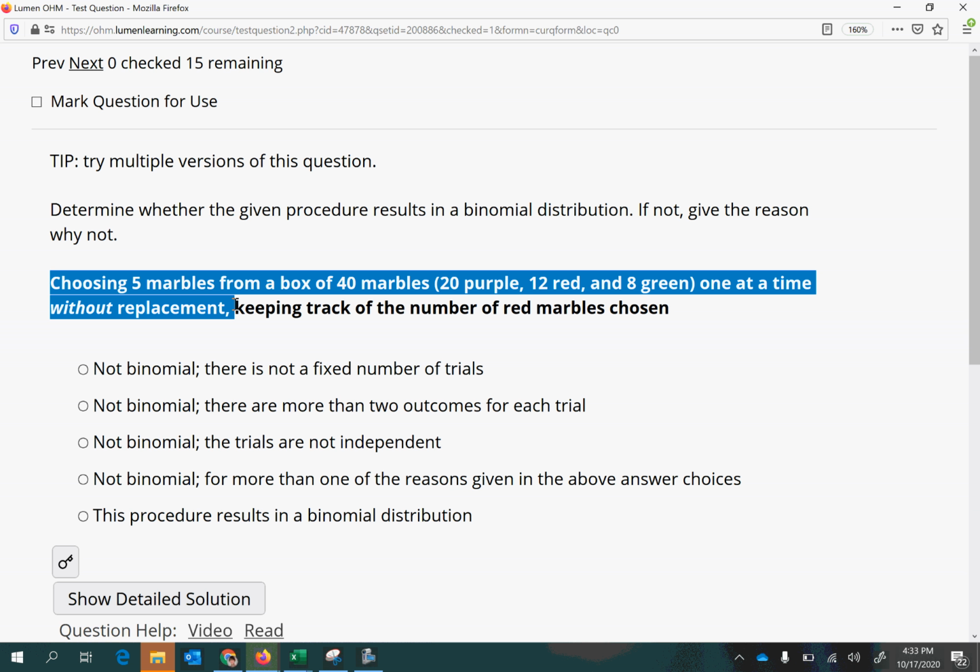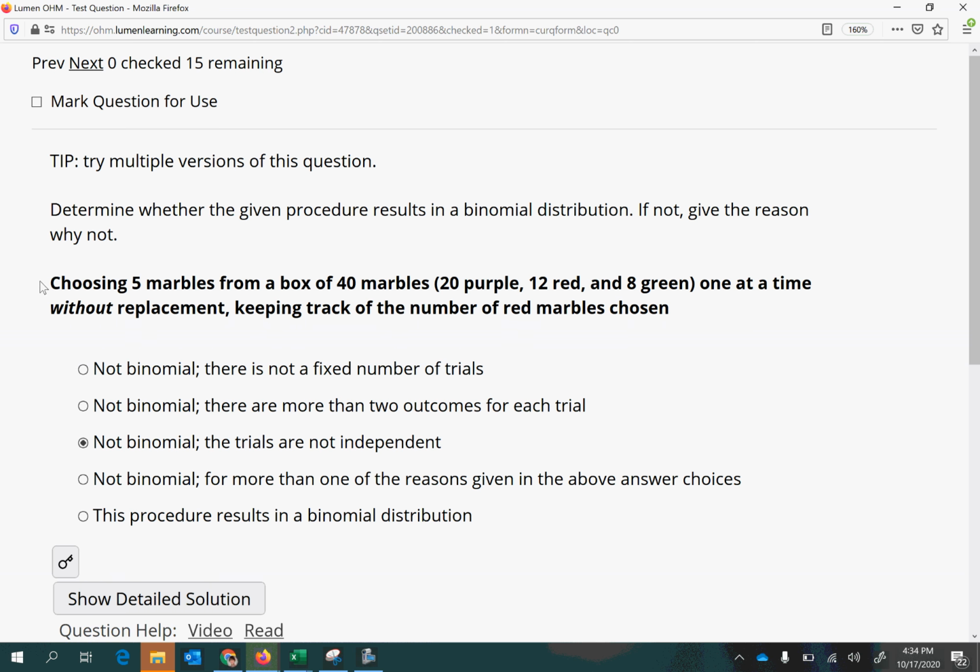So I already know the answer is that it is not binomial, because already we don't have constant probability. So that's one reason. Not binomial, the trials are not independent.